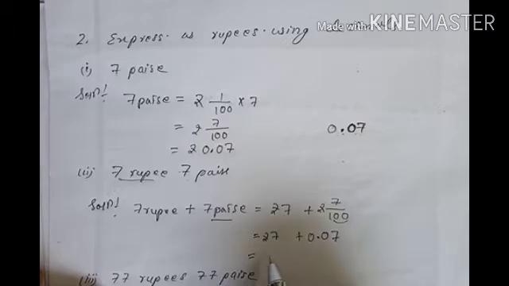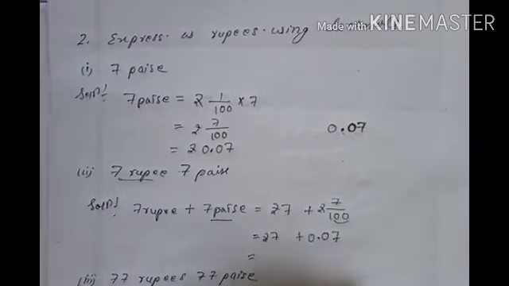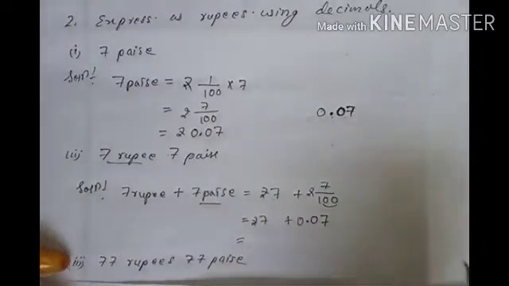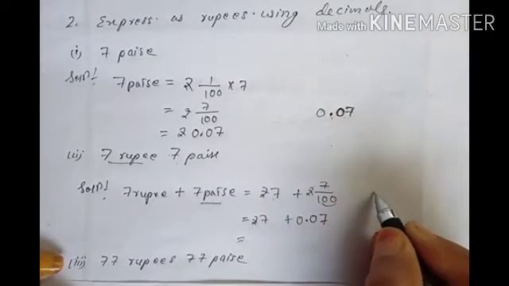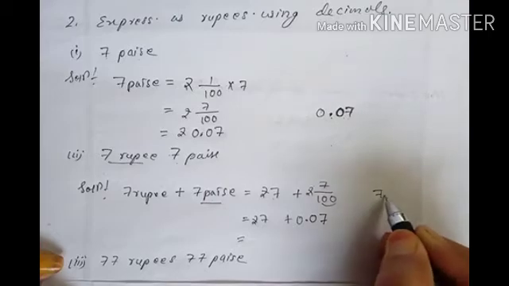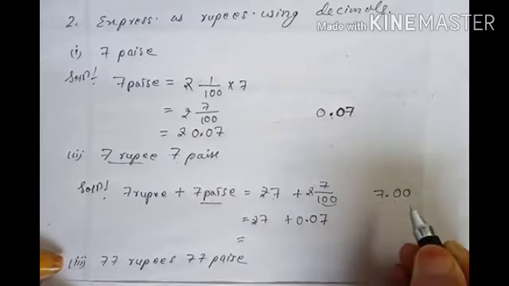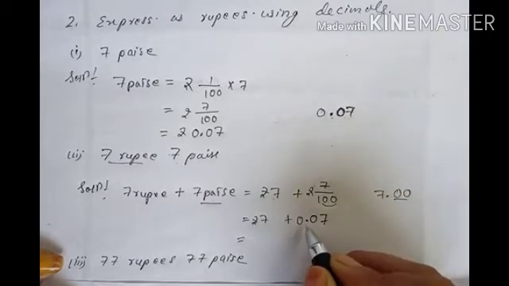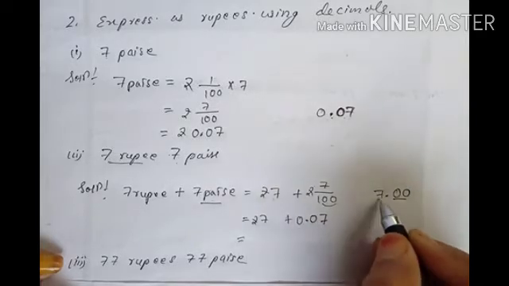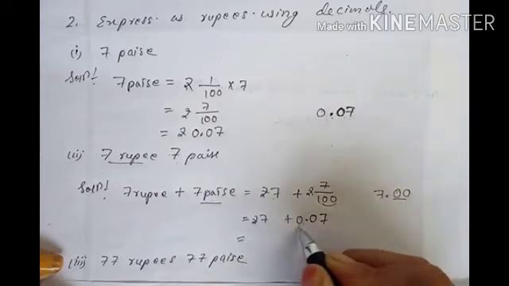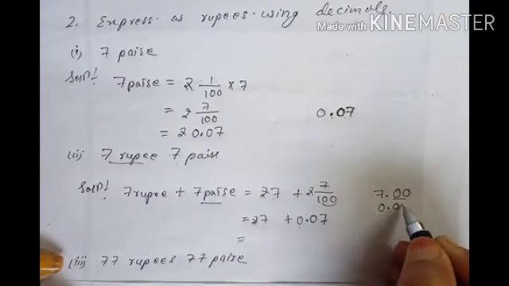Now you have to plus this. So you have to be very careful while adding decimal values. So how you will plus? Here is no decimal, isn't it? So 7 can be written as 7.00. Why am I writing 00? Because in the next term after the decimal there are 2 digits. So 7.00, and what is the next? 0.07.